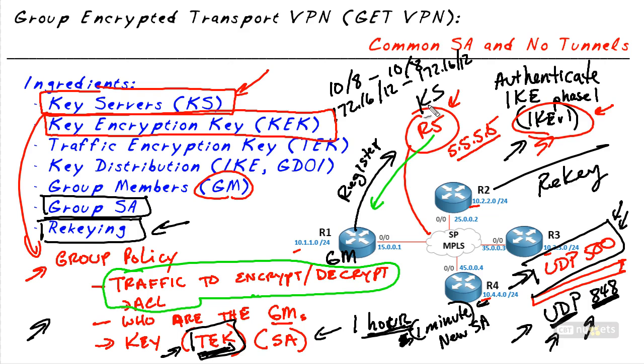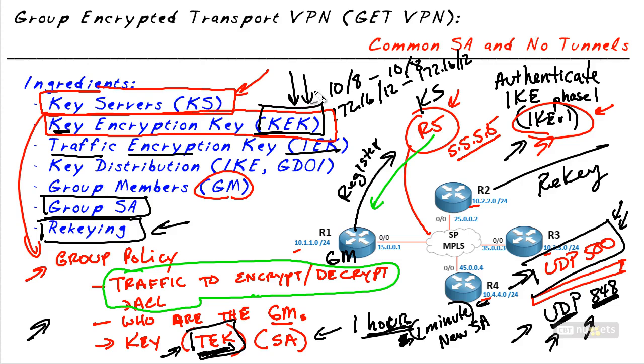However, when the key server is communicating confidentially with R1, to keep that data secret, it's going to use the key encryption key. So when it comes to KEK, the acronym for key encryption key, that is the key that's used between the key server and a group member to keep their conversations private.